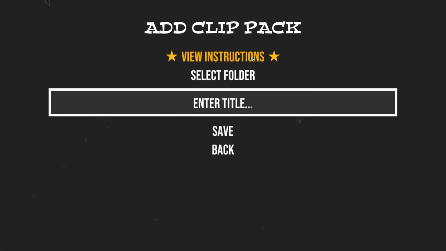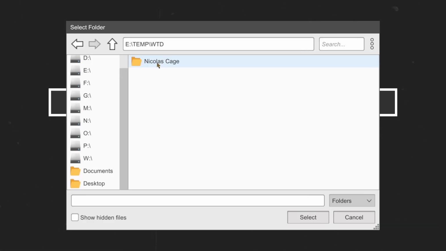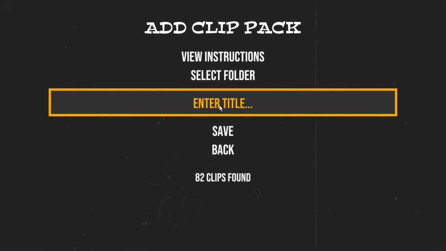Also, there's instructions here. You can click on that. It will open a website. Basically, you click on Select Folder, and you navigate to the folder where you exported those files. So in this case, it's this Nicolas Cage folder with these 3 folders in it. You click Select. You enter a title for it, like Nicolas Cage in my case, and you click Save. Again, I'm not going to do that because this pack is already uploaded.